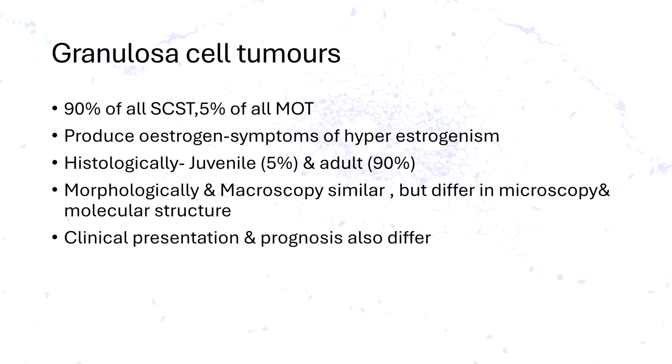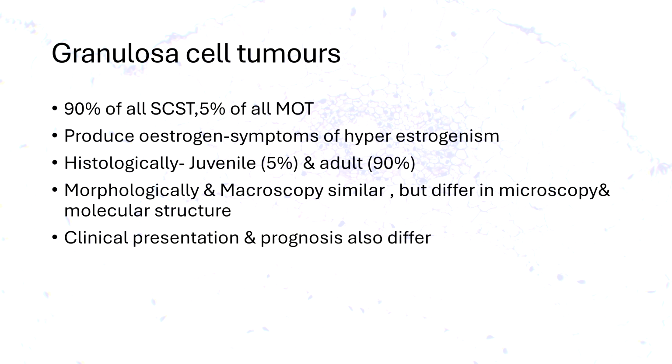Granulosa cell tumor constitutes about 90% of all sex cord stromal tumors, and if you take the whole of malignant ovarian tumors, it constitutes about 5% of all ovarian tumors. It produces estrogen, and women who have this tumor have symptoms of hyperestrogenism.